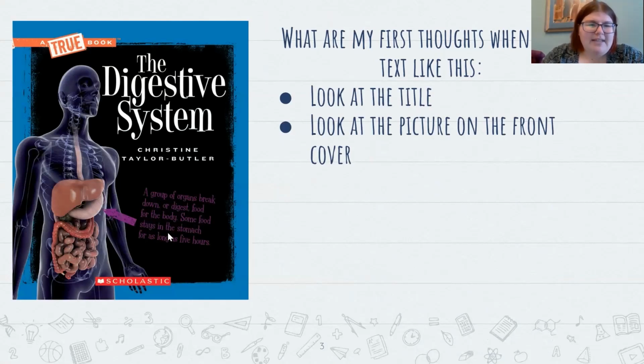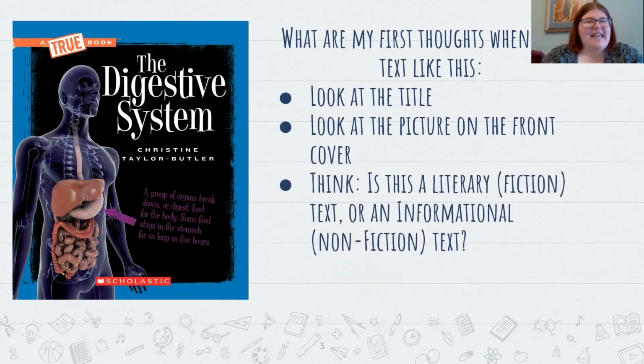Some food stays in the stomach for as long as 5 hours, and it's pointing right here, so that must mean my stomach. Ooh, maybe you have a me too or a connection that when I first look at this, I'm thinking, ooh, that's a little bit gross, but that's inside of my body, and ooh, this is probably going to be a little woo type of book for me.